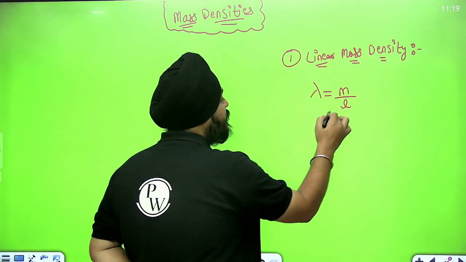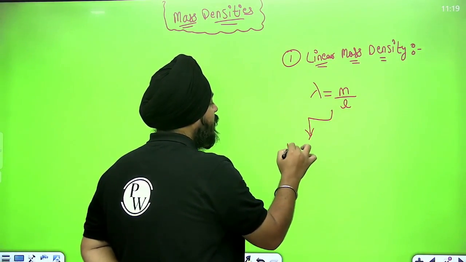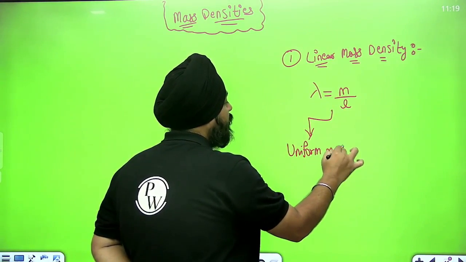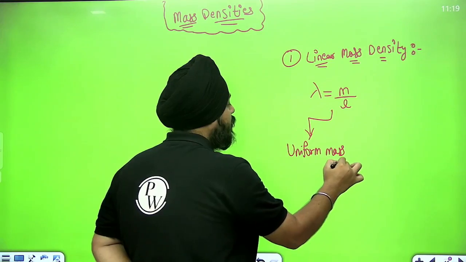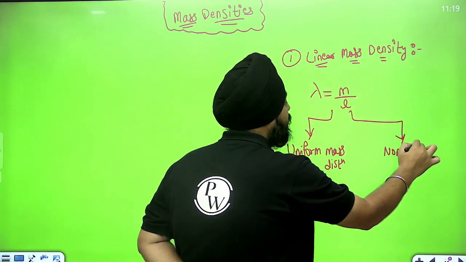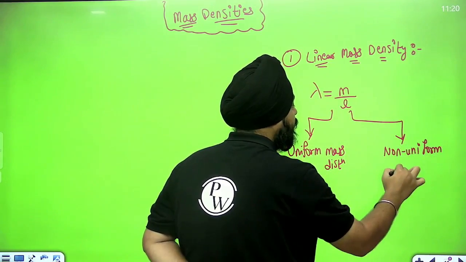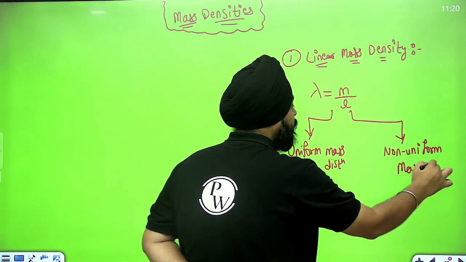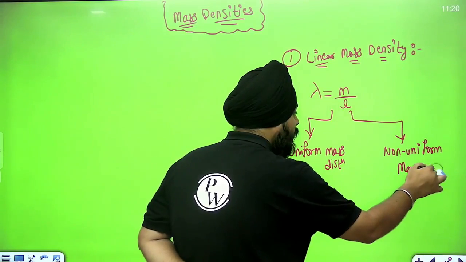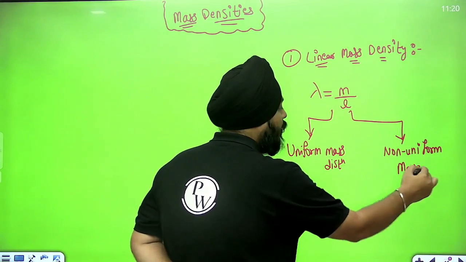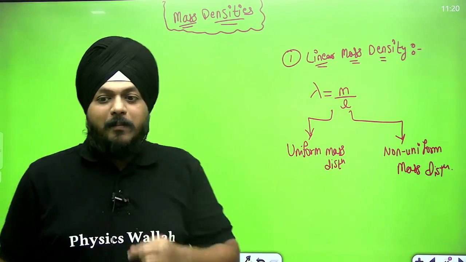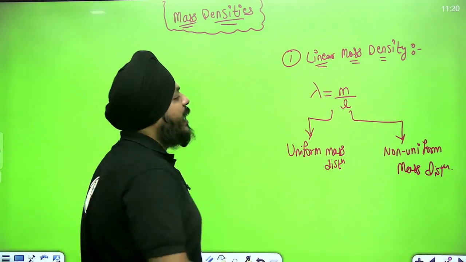Now see, this also has two cases. First, uniform mass distribution. Second, non-uniform mass distribution. This is for the higher value of the change.